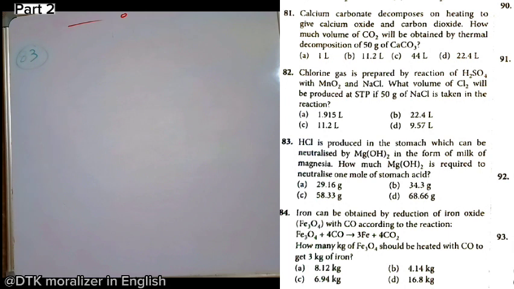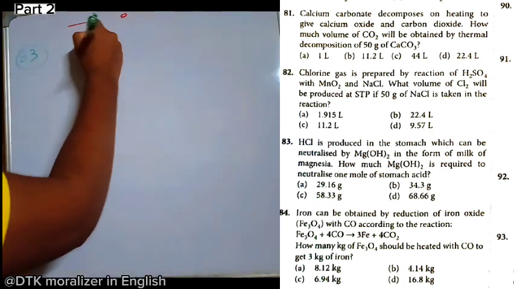Now question number 83. HCl is produced in the stomach, which can be neutralized by magnesium hydroxide in the form of milk of magnesia. How much magnesium hydroxide is required to neutralize 1 mole of stomach acid?